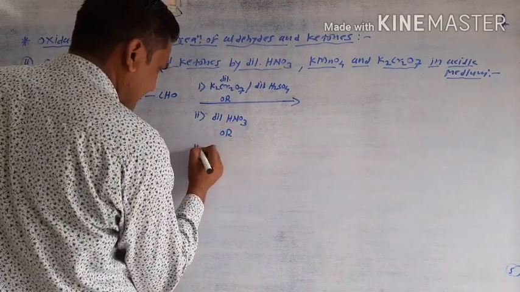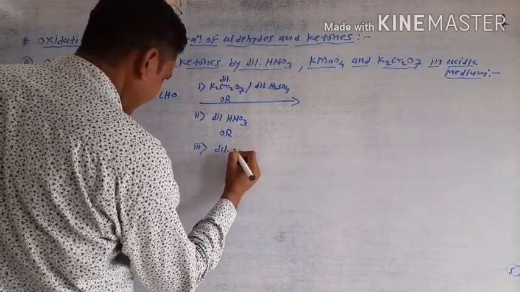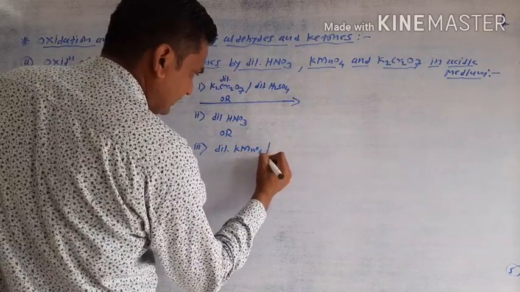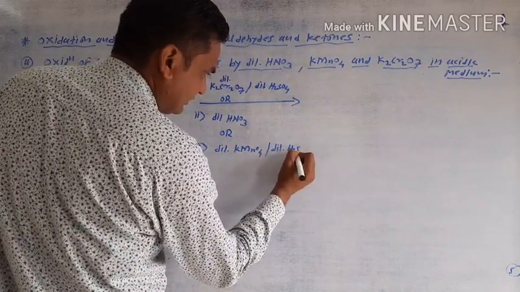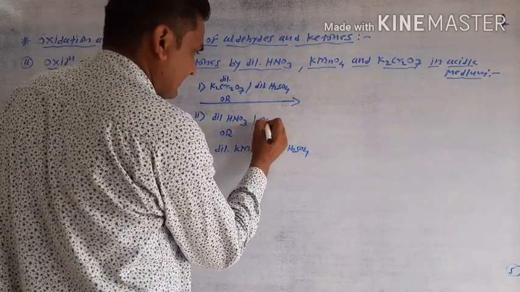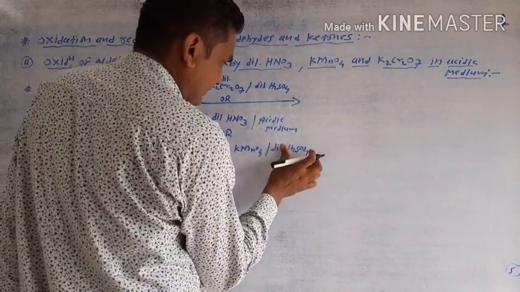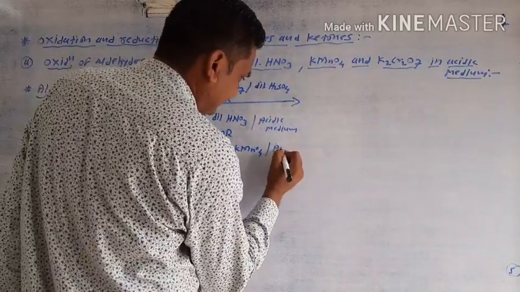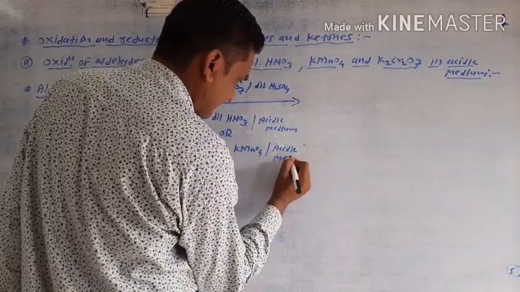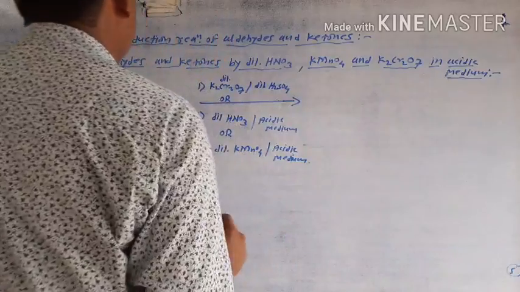or third, dilute KMnO4 in the presence of H2SO4, or acidic medium. These give a similar product.